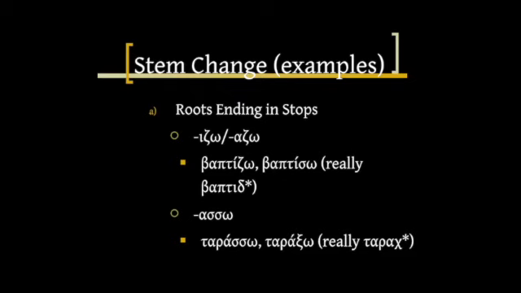And so really the verbal root is baptid, and so we get that stop there. And so baptizo is our present tense, and baptiso is our future tense. Our double sigma, tauraso, well, the future form is tauraxo.